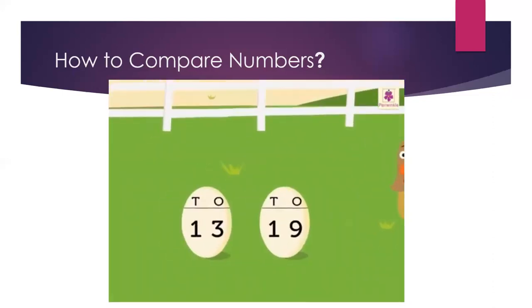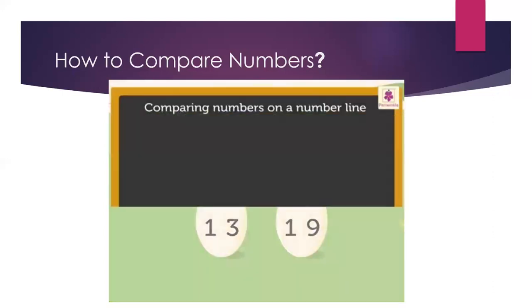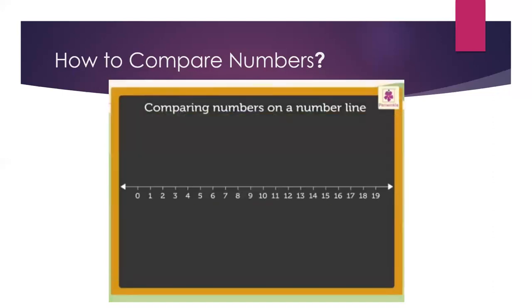Look, Daisy has got two new numbers to compare. Let us compare them using a number line. Begin with marking the numbers 13 and 19 on the number line. As 13 is on the left and 19 is to the right, we say 13 is smaller than 19.